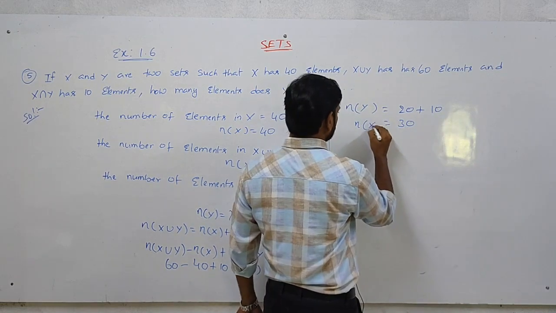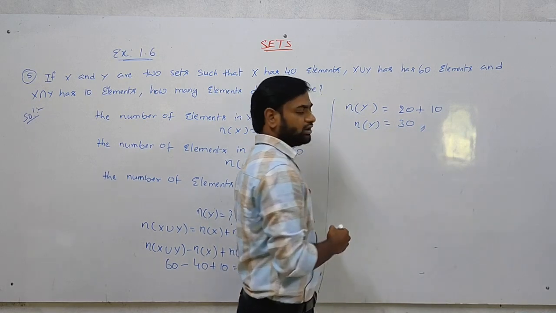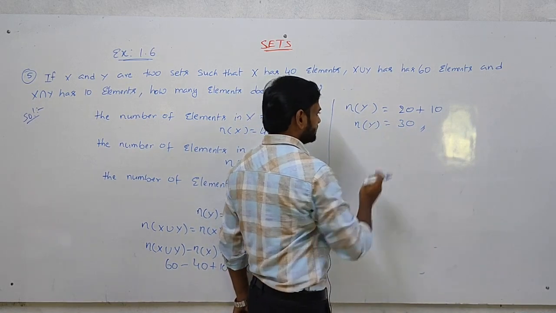That is n of Y is equal to 30. The number of elements in Y are how many? 30 elements.